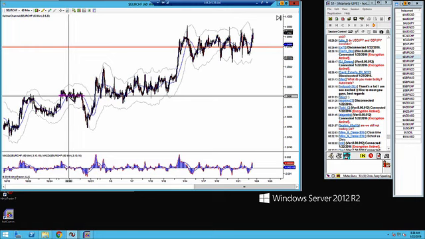Everybody's in agreement right here with price. The buyers and sellers both agree with price.